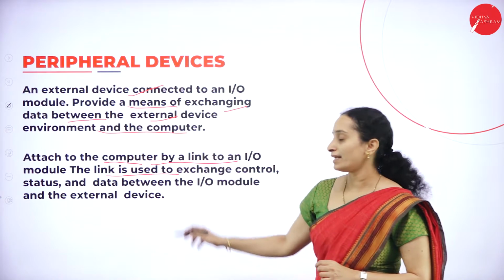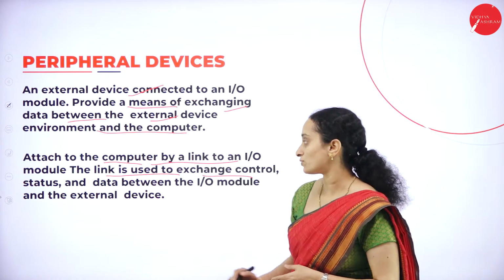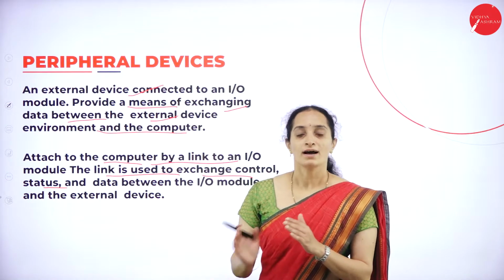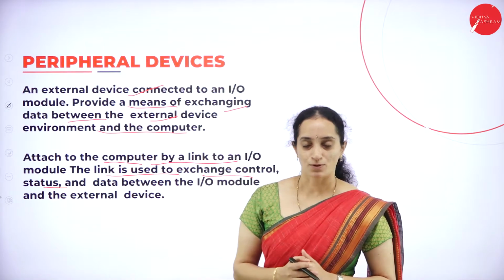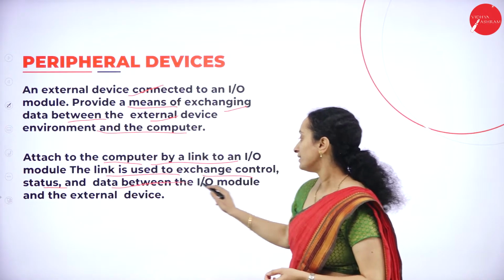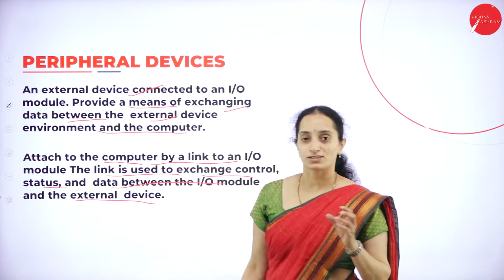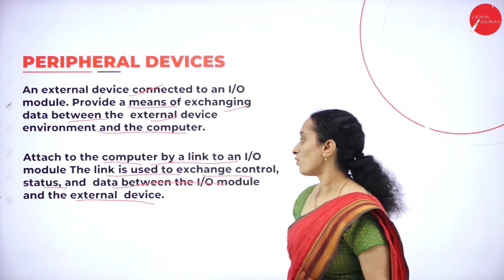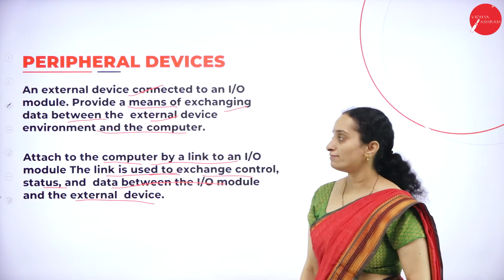This link is used to exchange the control and status, how the data is manipulated, how you can move the data from the keyboard to the processor, from the processor to the output device, and data between the input-output module and the external device. So, exchange of data between the external device and the input-output module will also be handled by the peripheral devices.